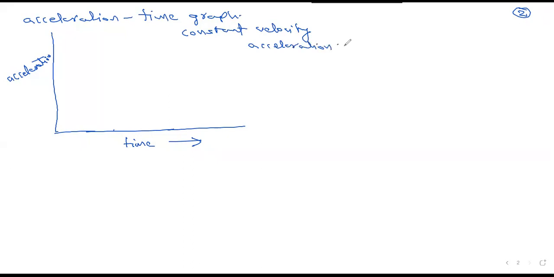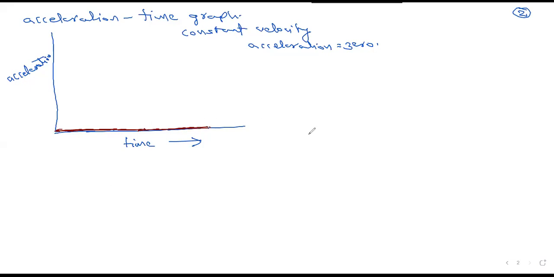If the acceleration is 0, then this graph will lie here. Time is changing, but the acceleration is not changing. So this is like it.